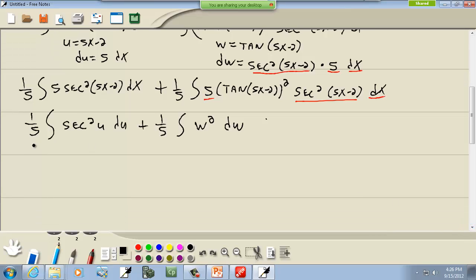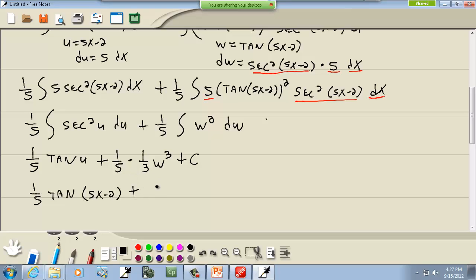Okay. Now remember, the derivative of tangent is secant squared, so the integral of secant squared is tangent. So that's going to be tangent u plus 1/5. Add 1 to our power, divide by our new power. So we've got 1/3 w to the third plus c. Plug the u back in. U we said was 5x minus 2.